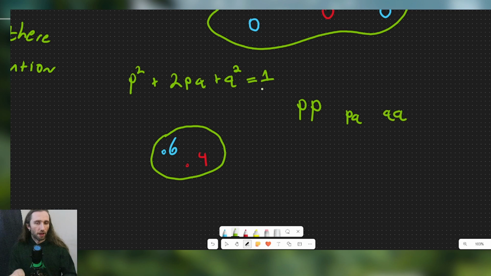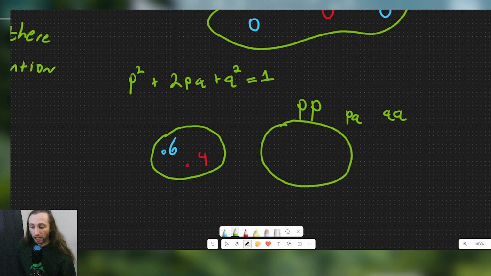So just remember that organisms can contain different combinations of alleles. And when they mate together, again, they combine their genetic material. So if there is a second organism here, again, what is the probability that an organism has either the blue allele or the red allele? It's again the same as the last one, 0.6 and 0.4.